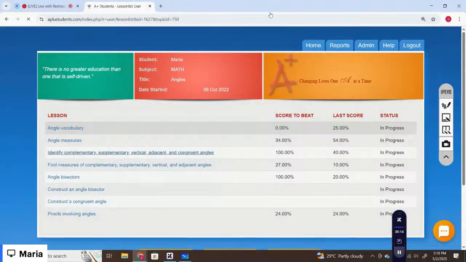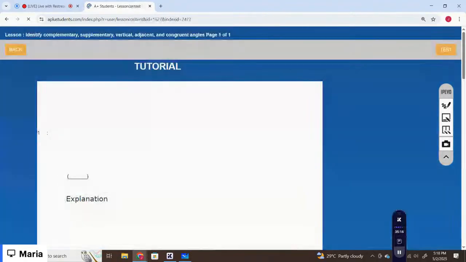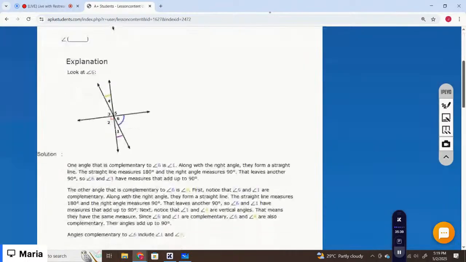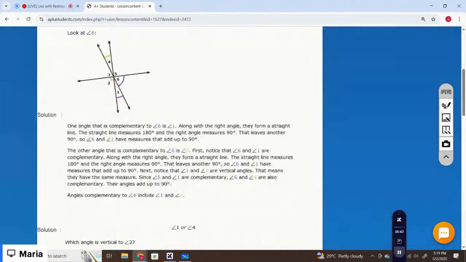The next lesson is identify complementary, supplementary, vertical, adjacent, and congruent angles. What is an angle that is complementary to angle 6? The angle that is complementary to angle 6 is angle 1.